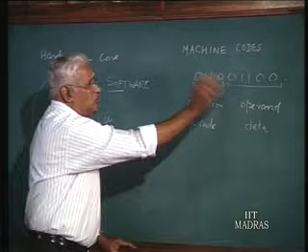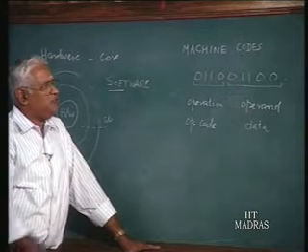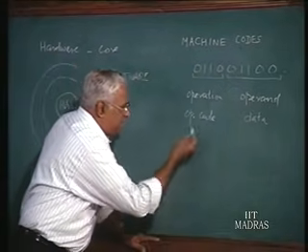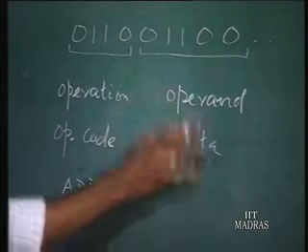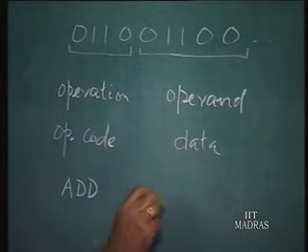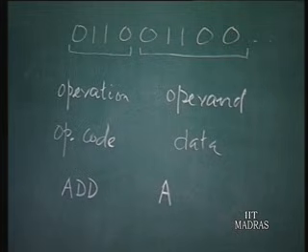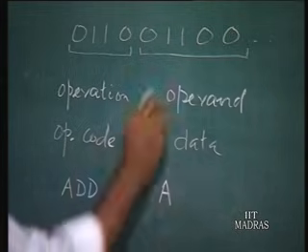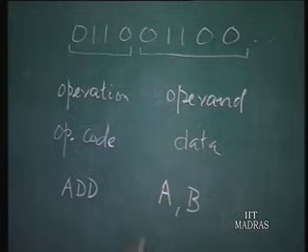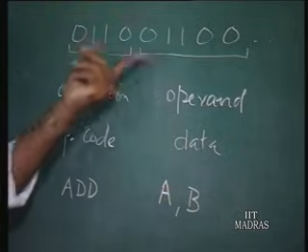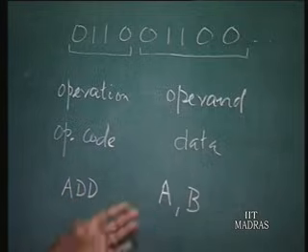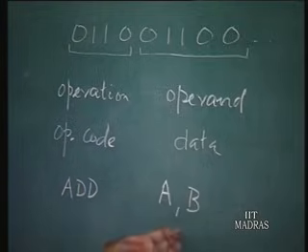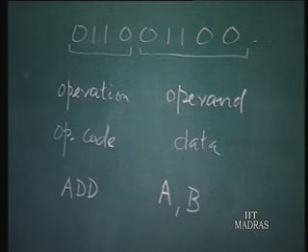Suppose this opcode corresponds to add, and then this particular data is some number, let us just call it A, and this particular thing refers to, say, A B. Now, instead of this code, the user can easily remember this, which means add A B means possibly A and B will be added, and the result will be the sum of this. That is what it is.